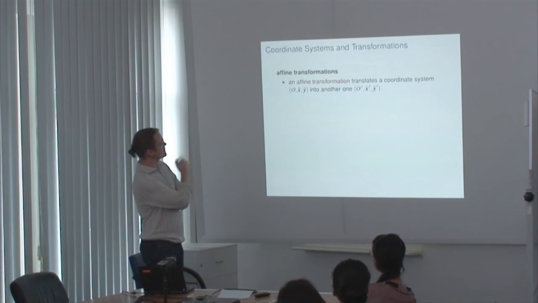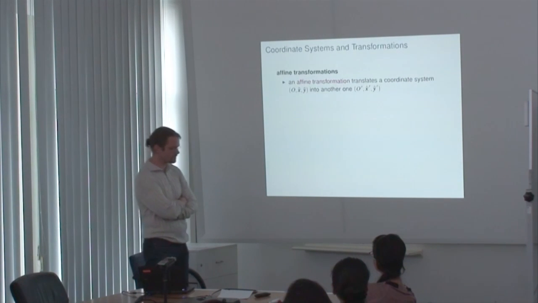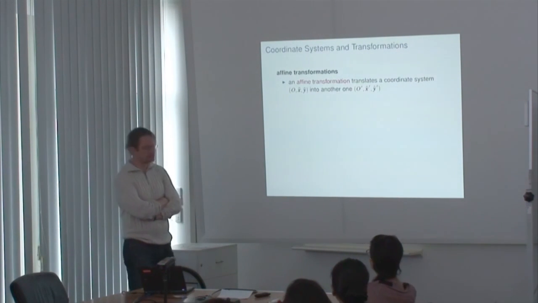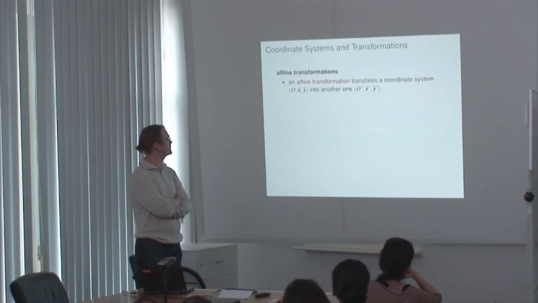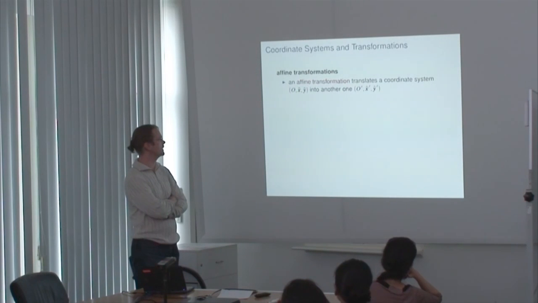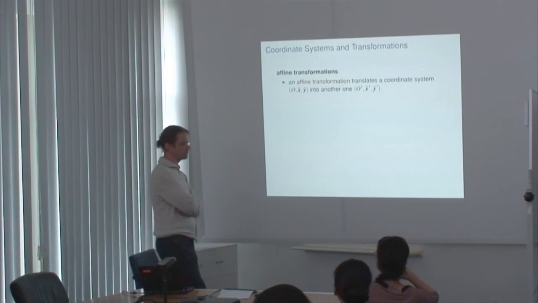Now, the first kind of transform we will be discussing are the so-called affine transformations. We can think of them as a way of translating a coordinate system, let's call it O x hat y hat, into another coordinate system. Let's call it O prime, x hat prime, y hat prime.